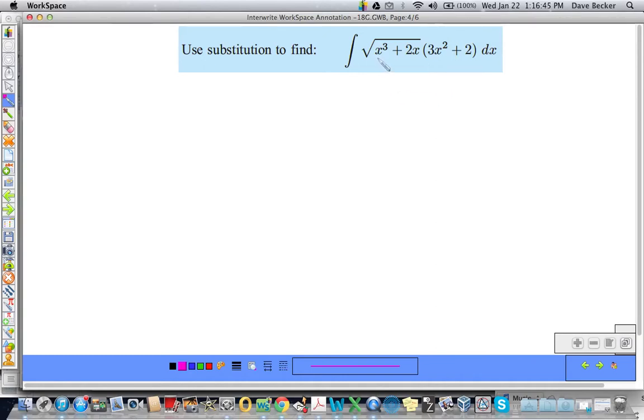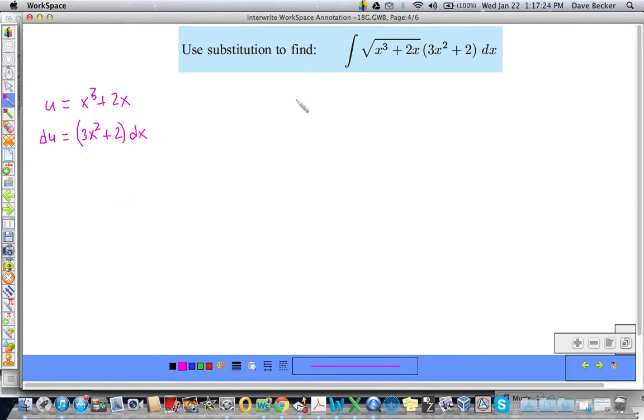And I think you can see if I let u equal x cubed plus 2x, then du is equal to 3x squared plus 2 dx, with respect to x. And remember, that takes a little getting used to. We should have done that before, but that just means with respect to x. Okay, and we probably should put some parens there.